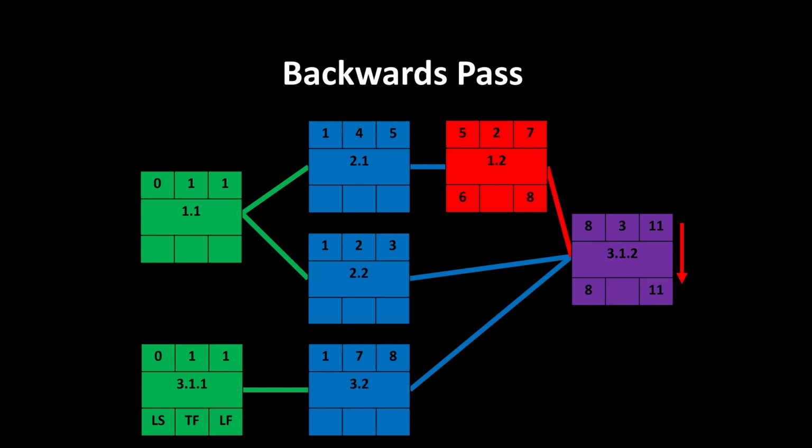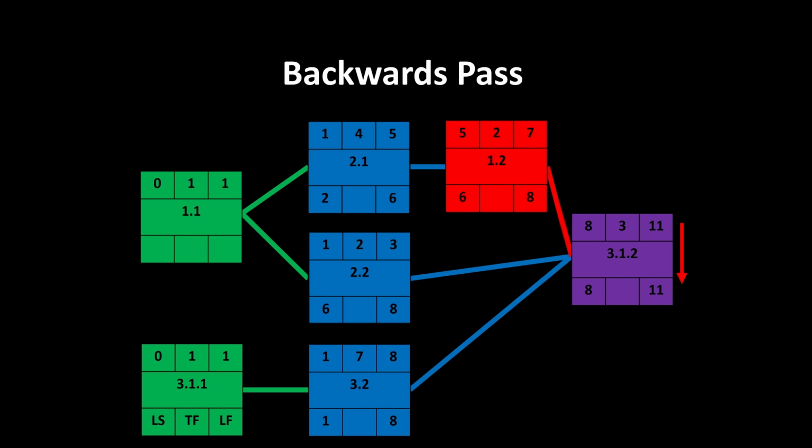And we can continue this backwards from the right to the left, the backwards pass, by passing that 6 from the red box as the latest start to become the latest finish for the preceding one. That's the blue 2.1 box. And we can do that also for the middle blue box by passing that 8 back, and the bottom blue box by passing that 8 back.